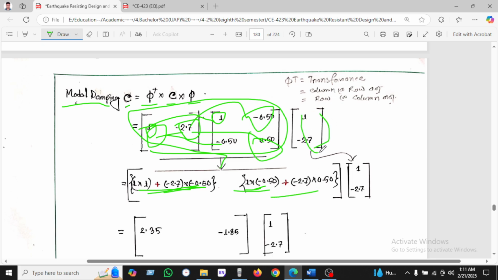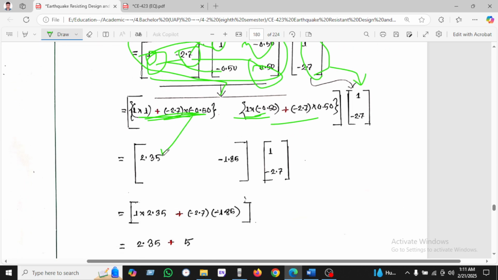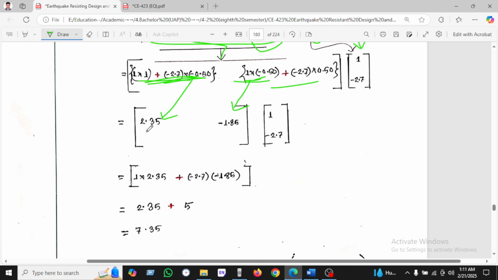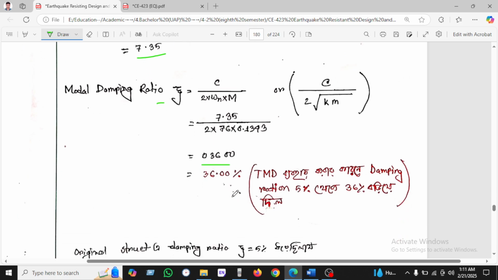These remain the same as is, and we found 2.35, and this is minus 1.8. Now we calculate here as usual and found 7.34. So the modal damping ratio psi: we know C equals 2 psi omega M, or we can use this, and found this value, which is 36%.